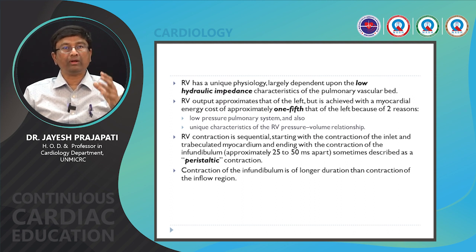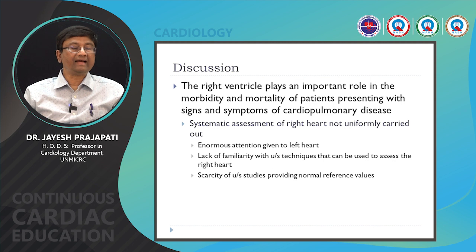So the infundibulum has this peristaltic movement, with a longer duration compared to the inflow portion. These are some of the discussion points, that we are giving more importance to the left, but the right is an equally important chamber.